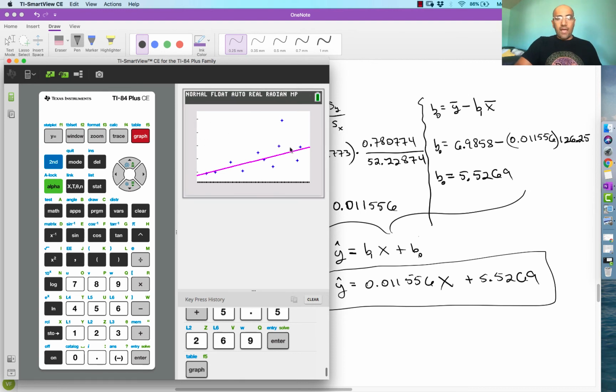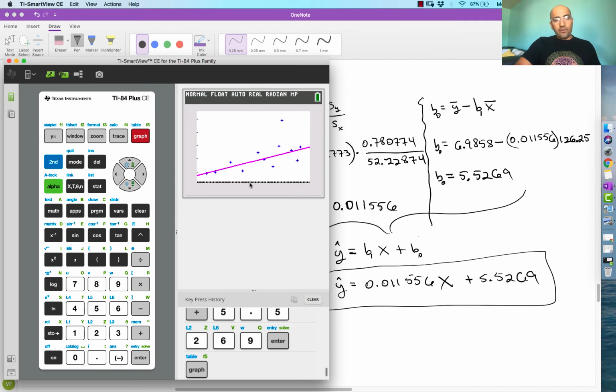Okay, so that line is the best fit line by using the sum of least squares regression as the criteria. Okay, so what do we want to do with that line once we establish it? Well, we want to use it to make predictions about values we don't know yet.